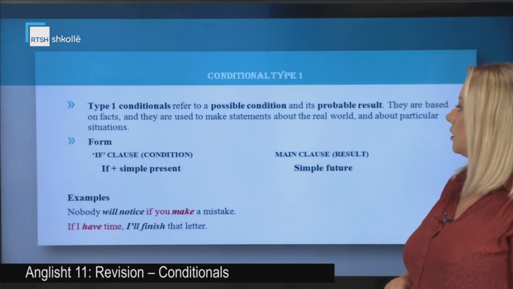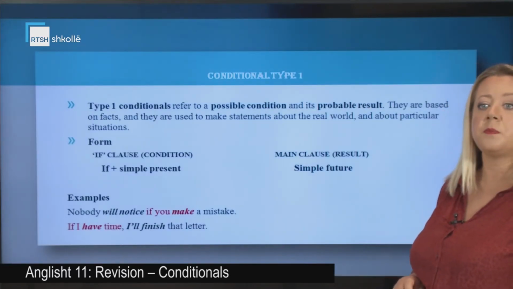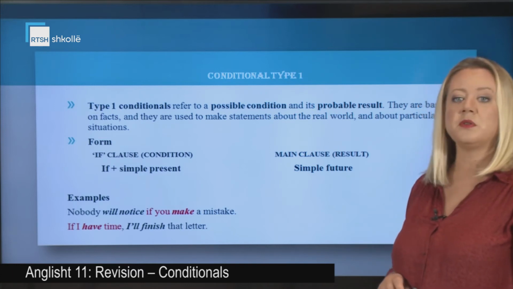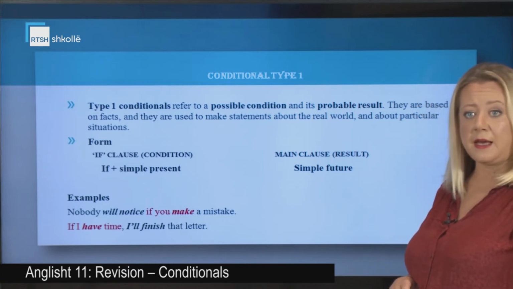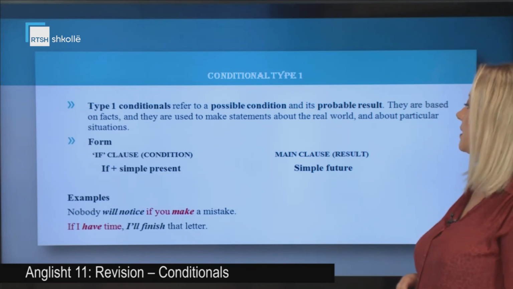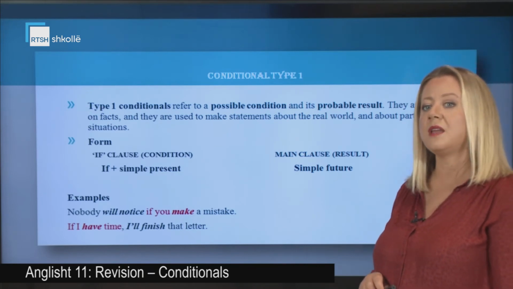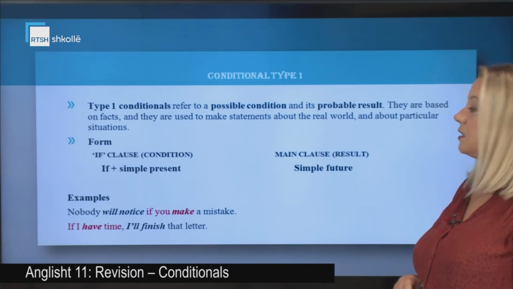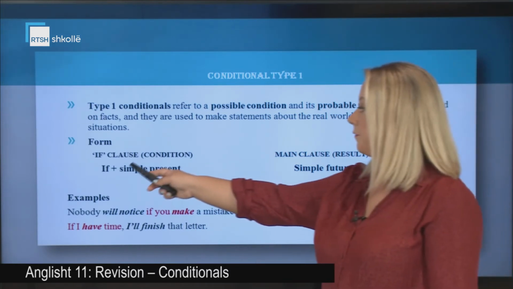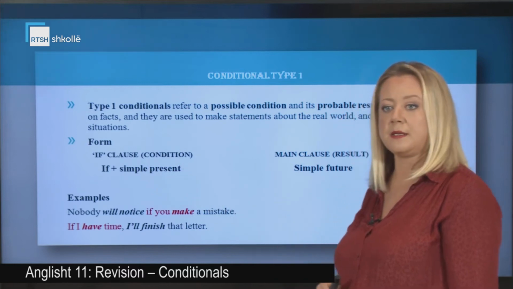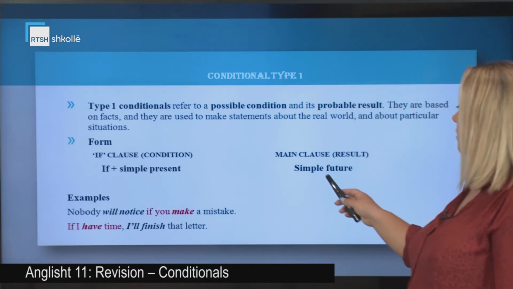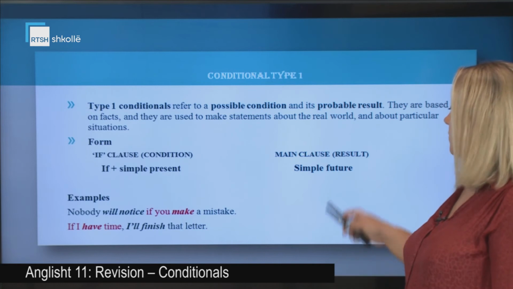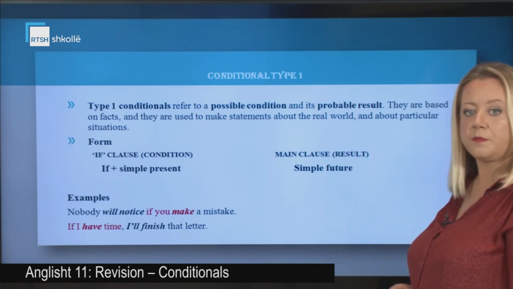Type 1 conditional. It refers to a possible condition and its probable result. Based on facts, they are used to make statements about the real world and about particular situations. Its structure is: the if clause is followed by the simple present, and in the main clause, or the result clause, the verb is in simple future.